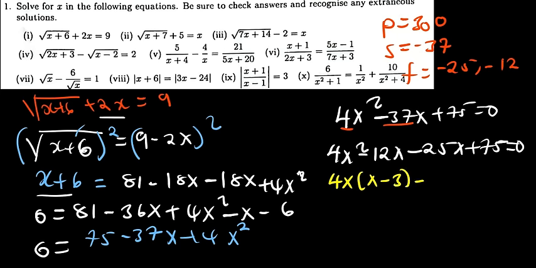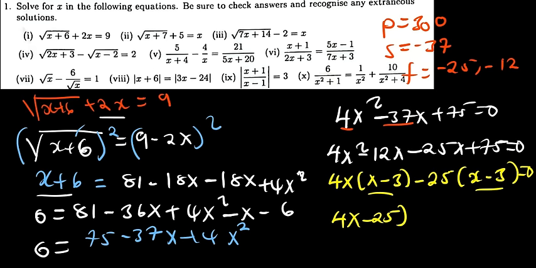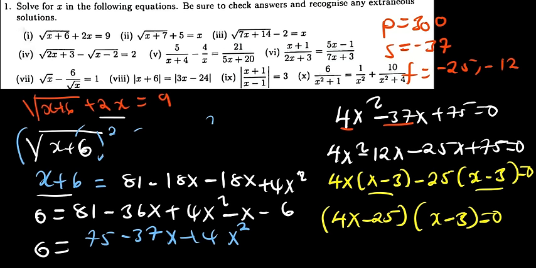Here I'm going to factor out negative 25, so I remain with x minus 3, since 75 divided by 25 is 3, is equal to 0. Since these brackets are the same, we just get one. So it will be 4x minus 25, then x minus 3 is equal to 0.